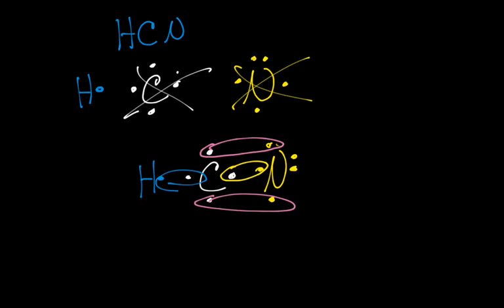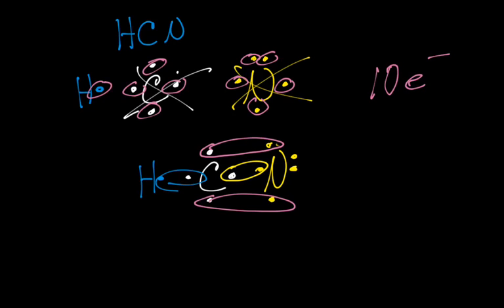I forgot a step, which was to count how many electrons we had to start with. So we have 1, 2, 3, 4, 5, 6, 7, 8, 9, 10. We started with a total number of electrons of 10.